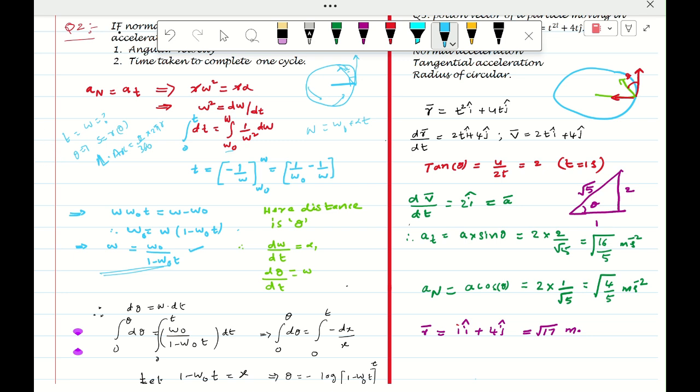So generally, if it is moving with constant angular acceleration alpha, then you can find out this formula: omega after t seconds, omega equal to omega naught plus alpha t. So there AN and AT are not equal at the time. Those two are different. So when AN equal to AT, that means R omega square equal to R alpha, then the omega value is equal to the formula.